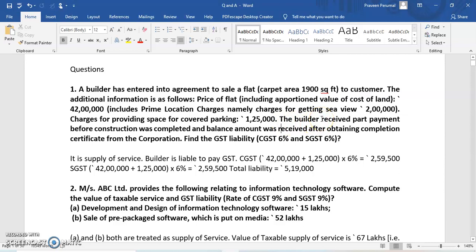The reason why GST is applicable is that the builder received part payment before construction. So, on 43,25,000, the total 12% would amount to 5,19,000. So, SGST is 259,500, CGST is 259,500.